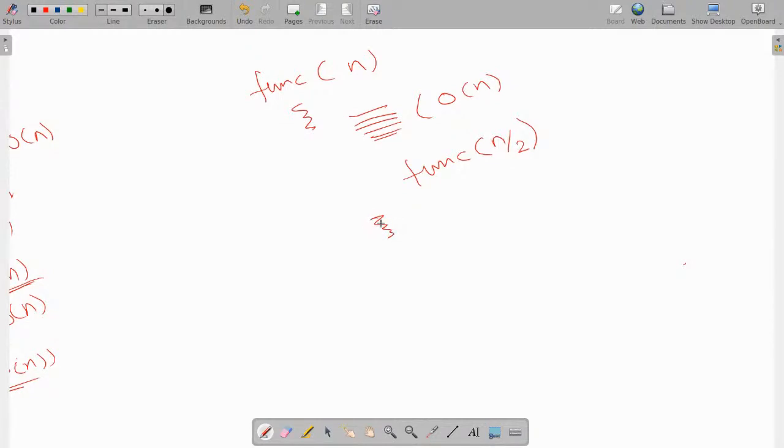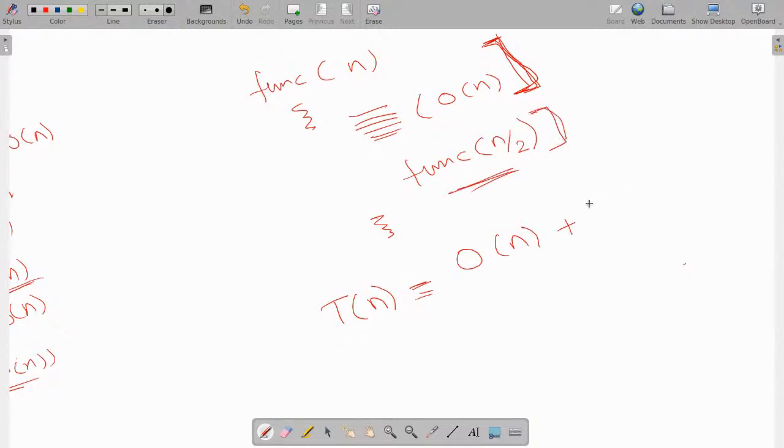Now what we have to find is the complexity of the entire function. For this we always have to account for this complexity, that is O of n, and again we are making the call to the same function.